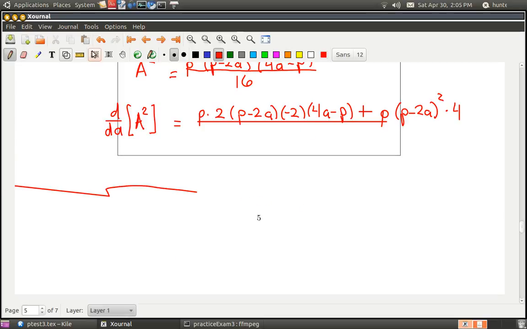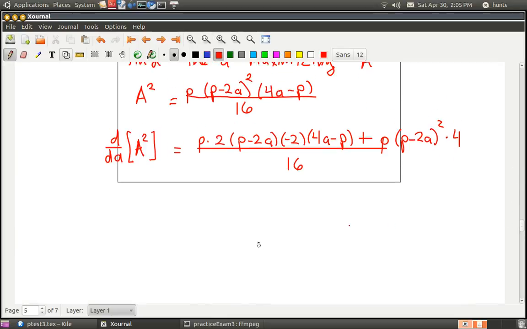Oh my gosh, why is it erasing relevant things and not this ugly little red slash? Here is the 16 back again, and I hope it didn't erase anything important. I don't think so. So let's clean it up. So I've got P. Look, here's 2 and negative 2. I'm going to call that negative 4.